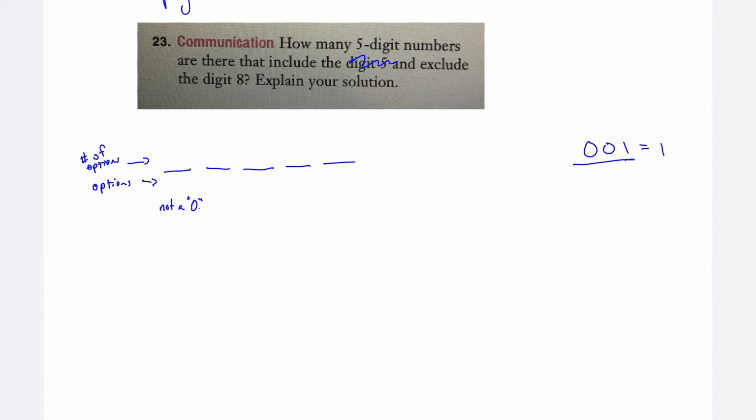Same thing on the 5-digit number; I would not include a 0 at the beginning because that's just weird. So the first would be the numbers 1 through 9, whereas each of the others could be 0 through 9.